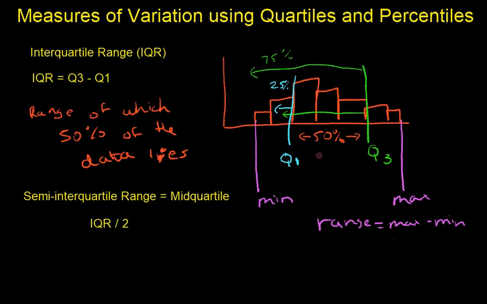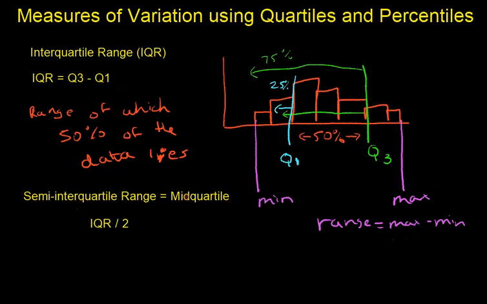Well, the nice thing about the interquartile range is it tells you something informative about the variation of the data. It tells you the range for which 50% of the data lies, but it's not as affected by outliers, because the third and first quartile aren't as affected by outliers as the min and the max are.